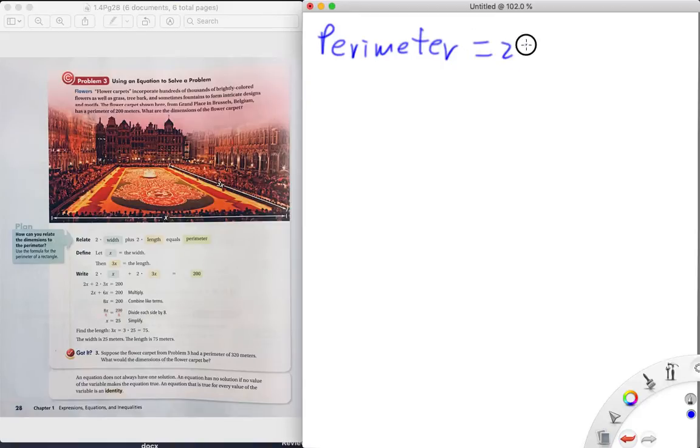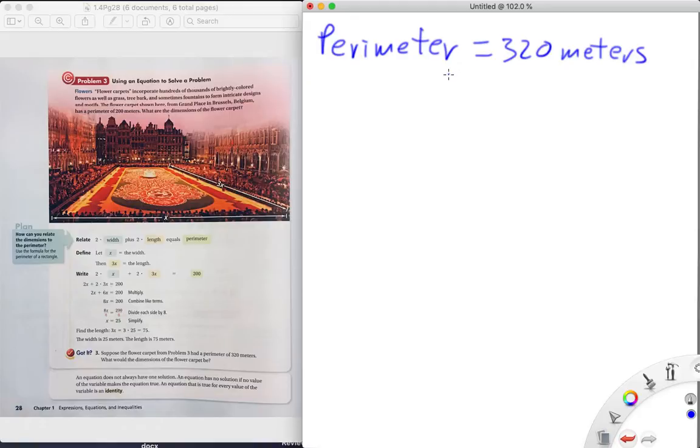We're told that this carpet has a perimeter of 320 meters.